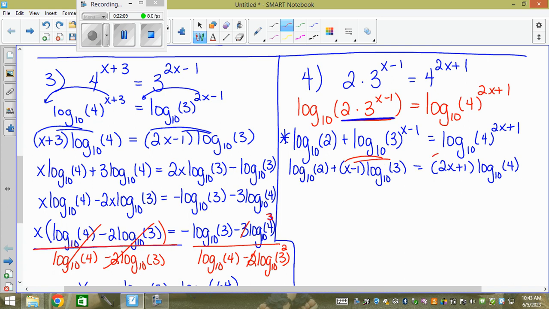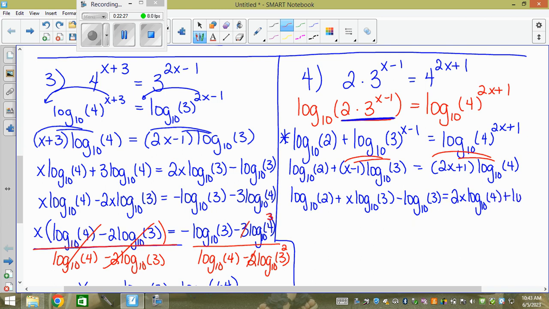Distribute. And I get log base 10 of 2 plus x log base 10 of 3 minus log base 10 of 3 equals 2x log base 10 of 4 plus log base 10 of 4.